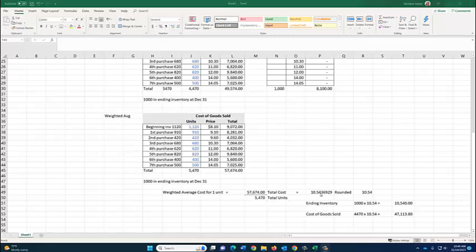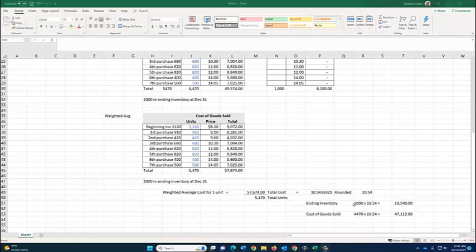So 2 decimal places to the right of the decimal is 54, and since following the 4 is a 3, it's below 5, we will not round this figure up. So the rounded cost per unit is $10.54.